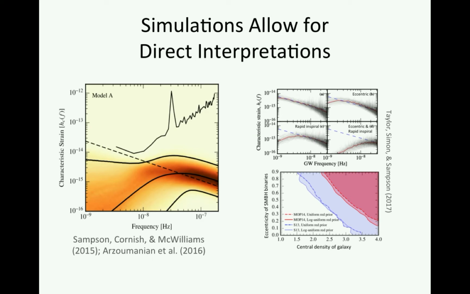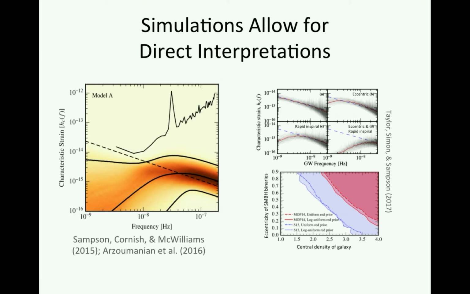And below that, you're seeing limits on jointly the eccentricity and the density of stars directly from relating the upper limit that you're seeing on the left to the shape of the spectra predicted in the top panel on the right, and the blue and the red curves in the bottom right are showing you different limits on the joint eccentricity and density of stars based on various amplitude predictions for the power law gravitational wave background.